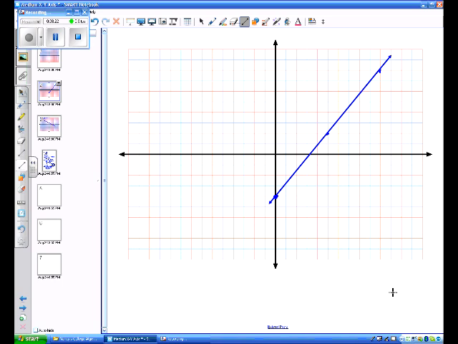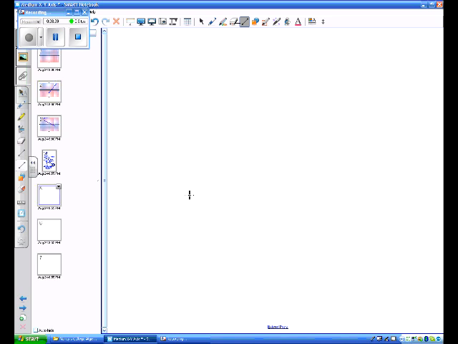So if you're given an equation in the general form and you need to graph it, then one way is to put it in slope-intercept form and graph your points using your slope and your y-intercept. Another thing that you can do is to use what we call the x-intercept and the y-intercept.